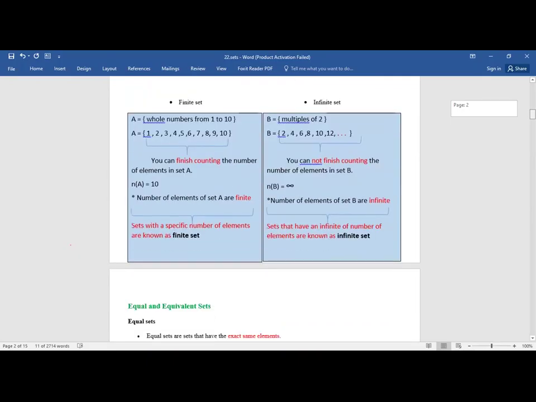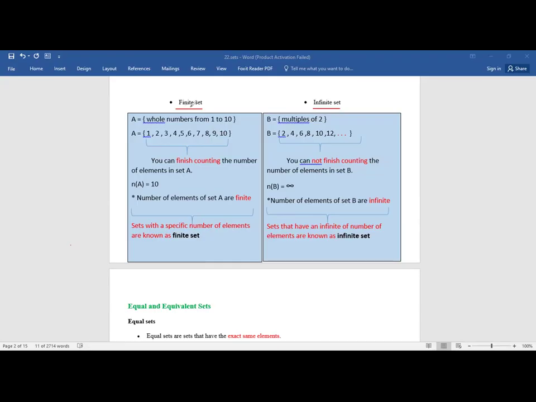By looking at this picture, on my left hand side I have the finite set, and on my right hand side I have the infinite set. There are two examples here. Let's consider the finite set first.